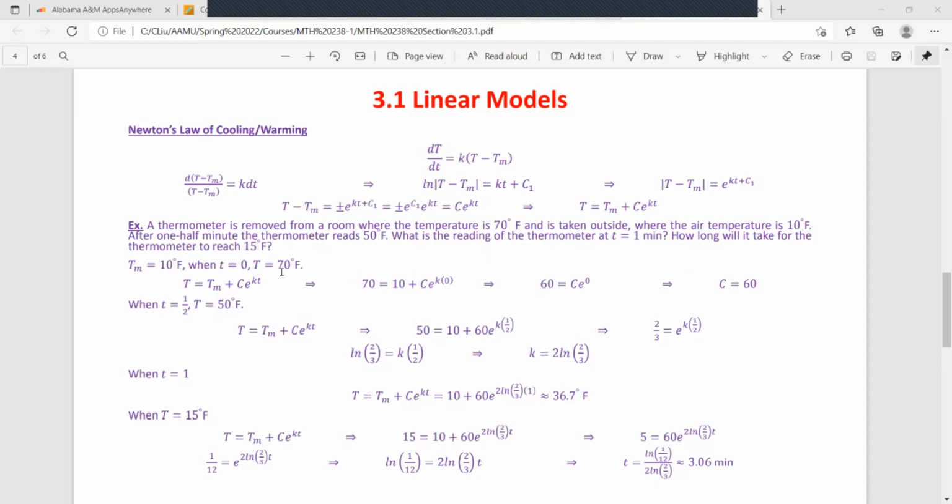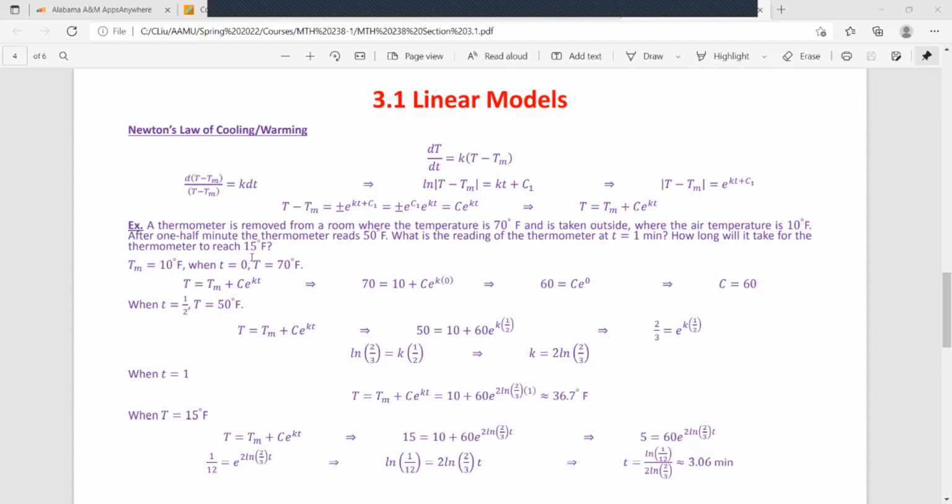But we still have one thing to figure out. That's the k. We don't know what it is. We know it's a constant. So we have to use the condition that 1/2 minute later, the thermometer reads 50 degrees.